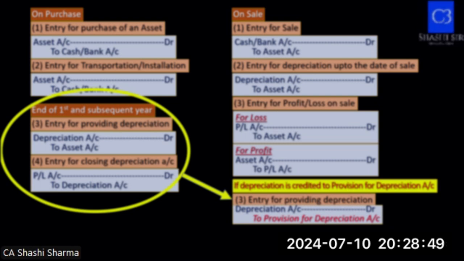Asset account won't be credited. Asset and depreciation will be recorded in different accounts. But in the balance sheet, no doubt, you will show depreciation by way of deduction from that asset. But the recording is done in two different accounts.